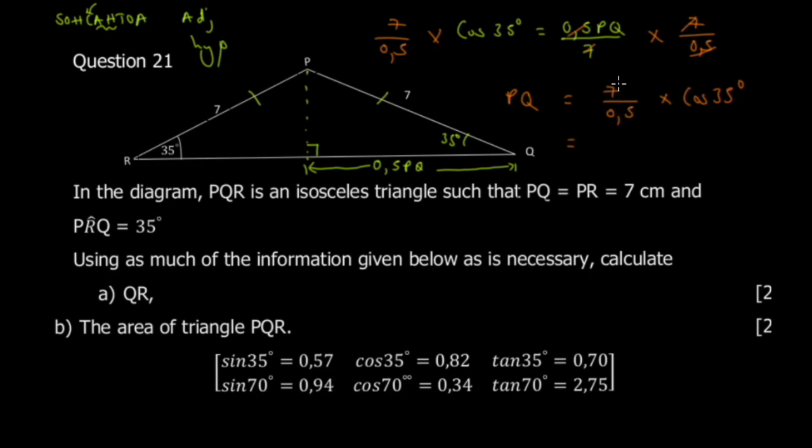Or you can multiply by 10 over 10, the primary school way, and get 70 over 5. 70 divided by 5 is 14, which is the same as 7 multiplied by 2. So it's 7 multiplied by 2, then cosine of 35 degrees.